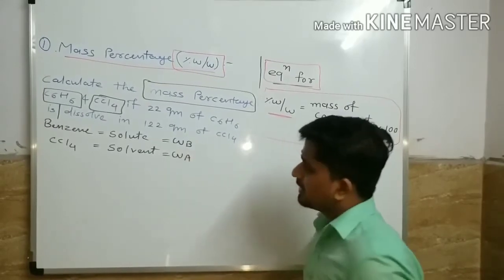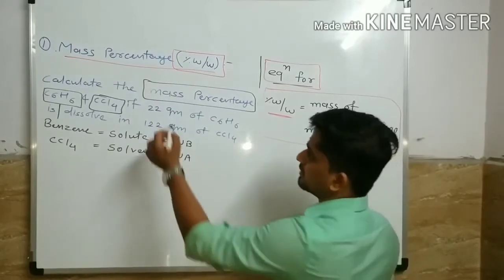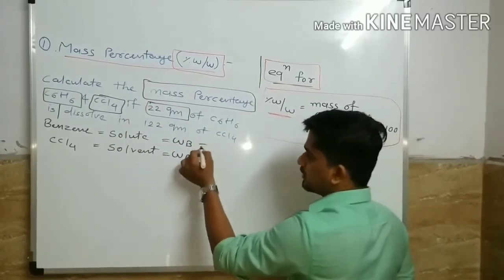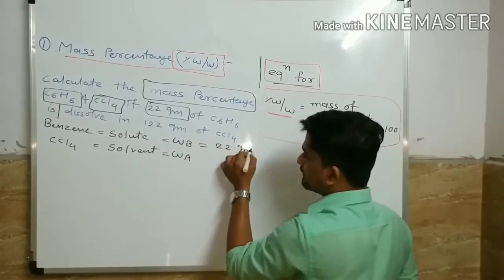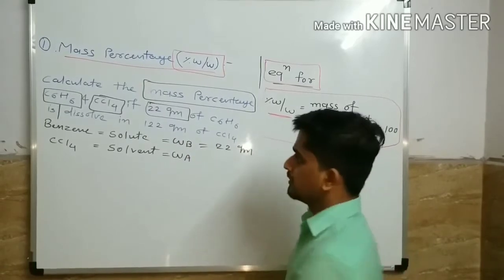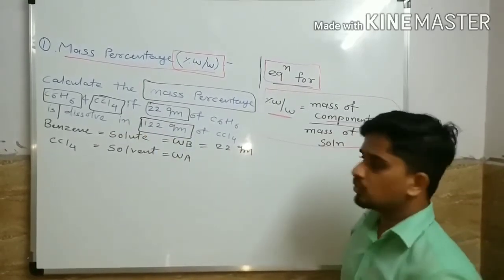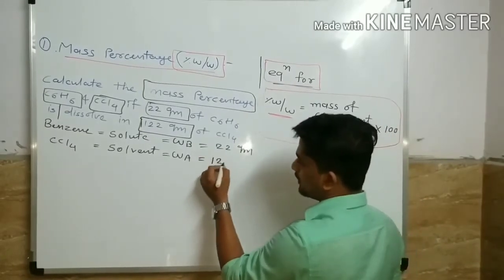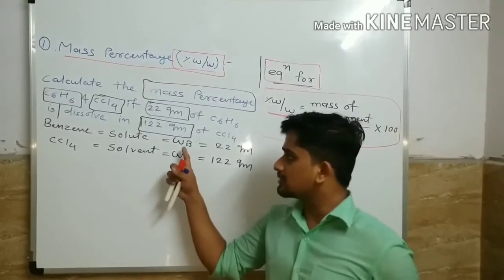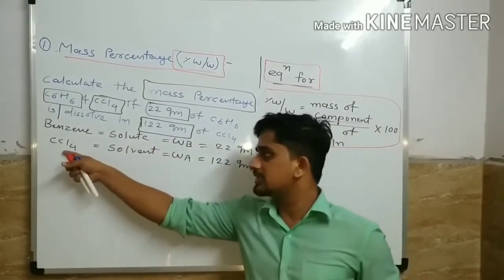Mass of the solute, that is mass of benzene, is given here as 22 gram. So WB is equal to 22 gram. Mass of CCl4 is also given, 122 gram. So now you have mass of benzene is 22 gram and mass of CCl4 is 122 gram.